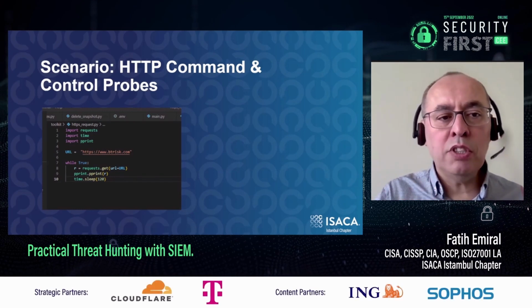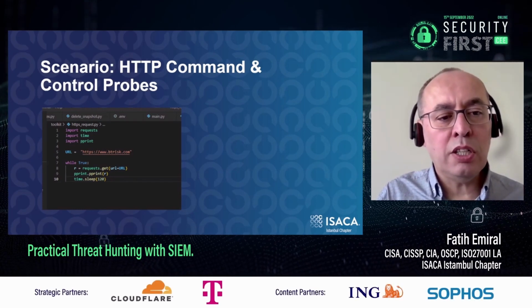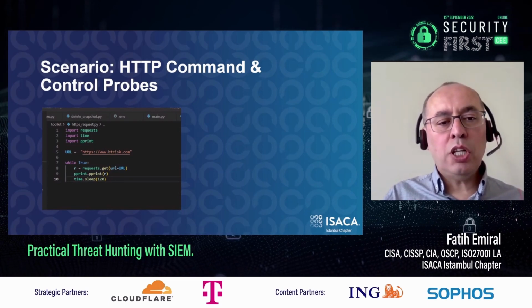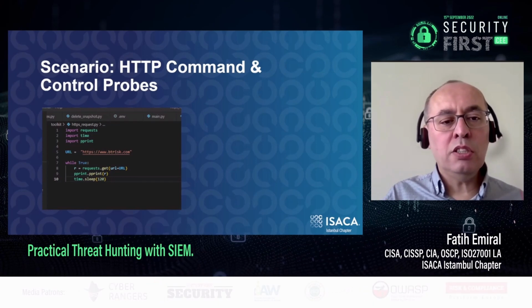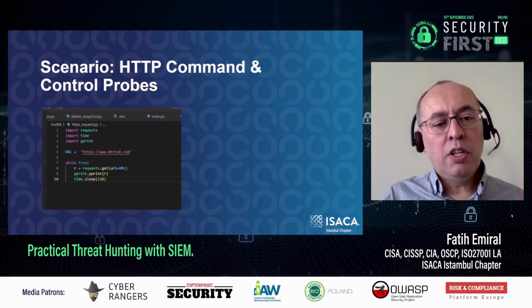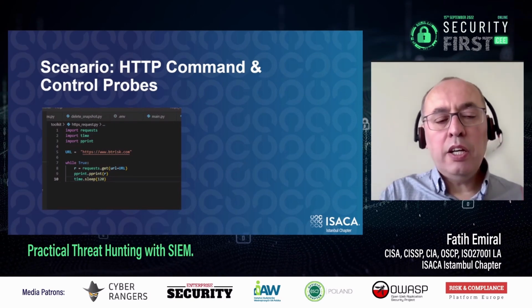It will do it every same period of time. And this is a simple code which is trying to simulate this activity. Here, my code is trying to reach out to a domain name in the internet, www.btrist.com, every 120 seconds, which is 2 minutes.